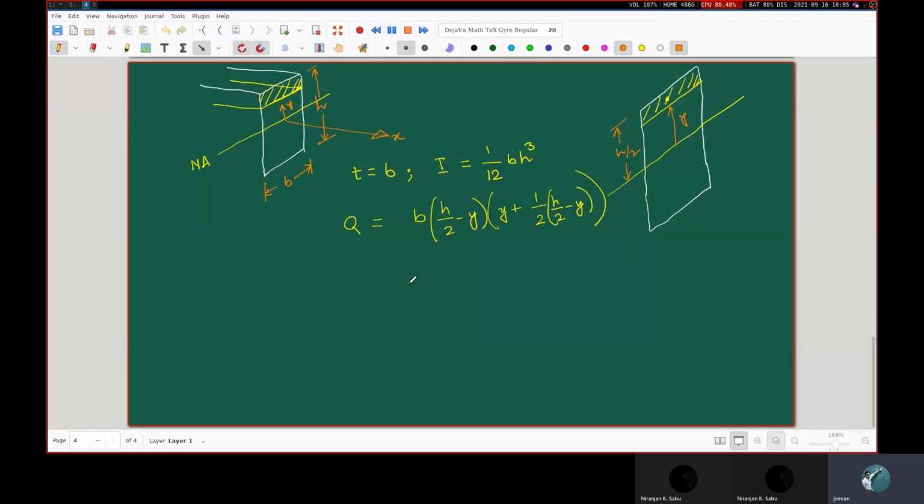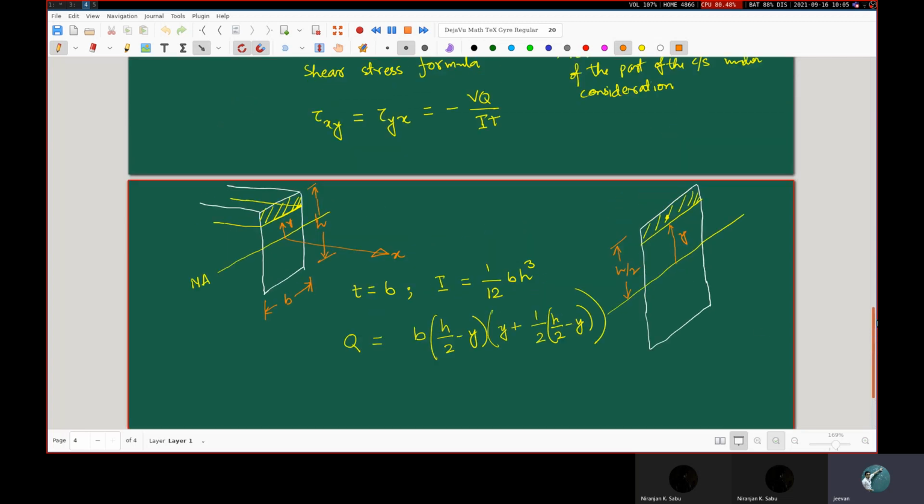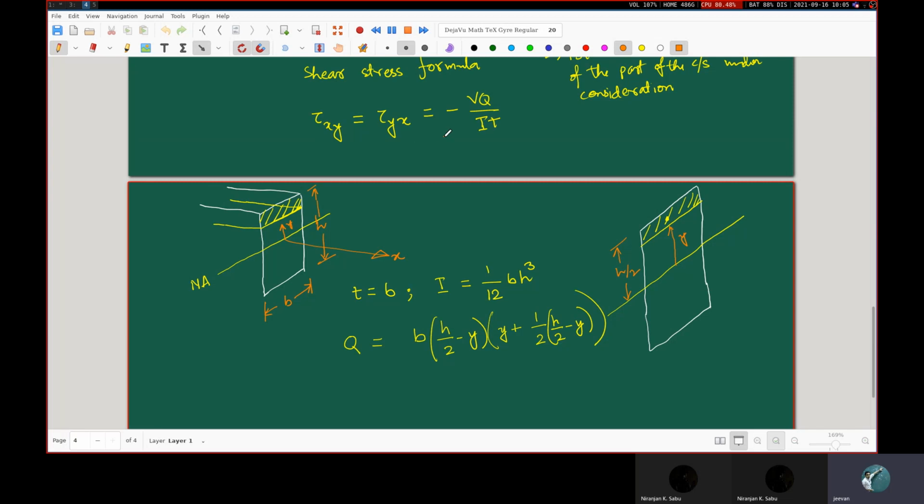Okay, so on Monday we were discussing how to find the distribution of the shear stresses for a beam with a rectangular cross section. So this kind of cross section. I'd mentioned that if we have to use this formula, tau xy is equal to tau yx is equal to minus VQ by It, the real brain work involved is finding this Q, the first moment of area for the part of the cross-sectional area under consideration.